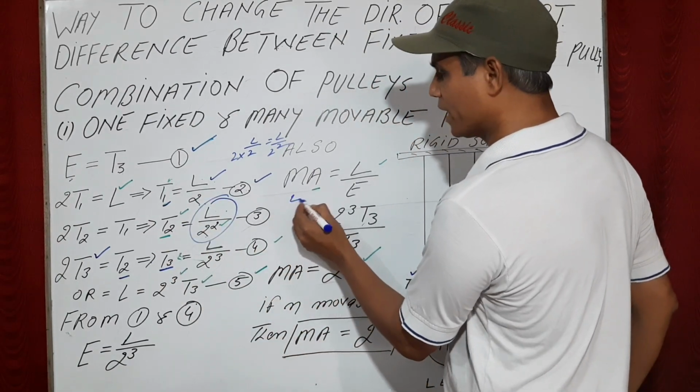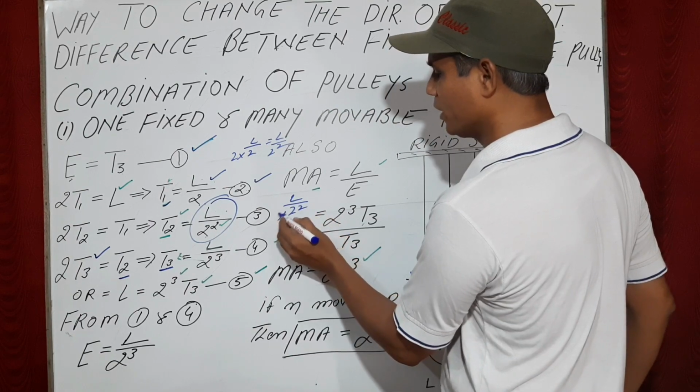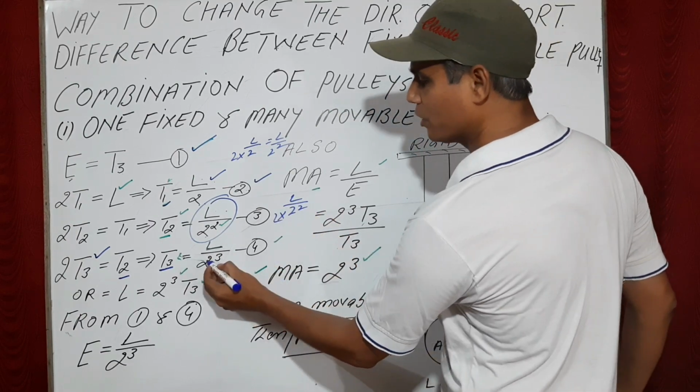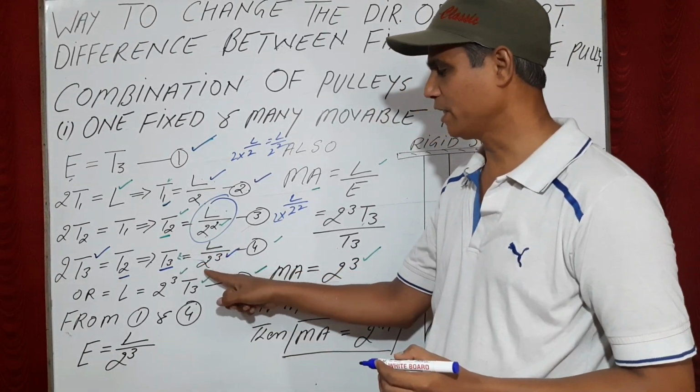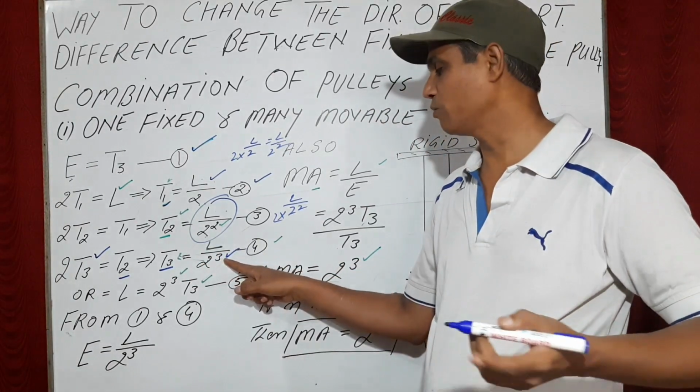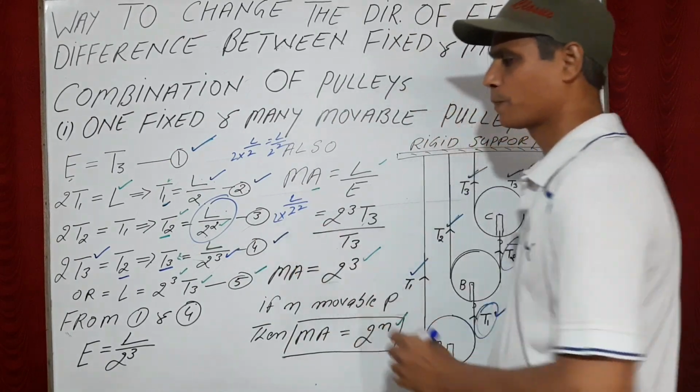So T2 by 2, that means L upon 2 raised power 2 into 2. So you will be having 2 raised power 3 over here. So T3 is equal to L by 2 raised power 3, equation number 4.